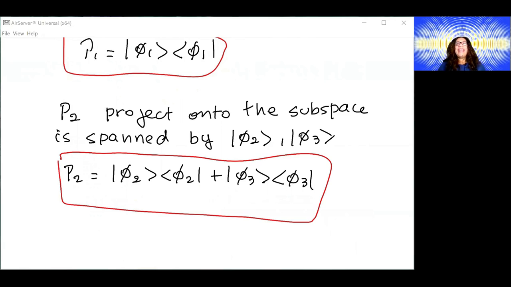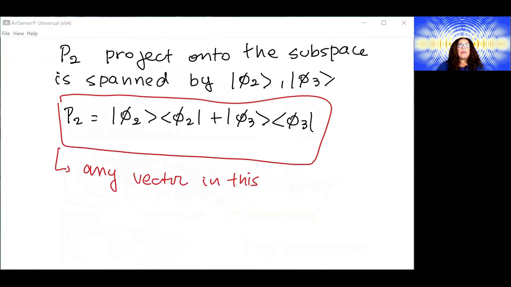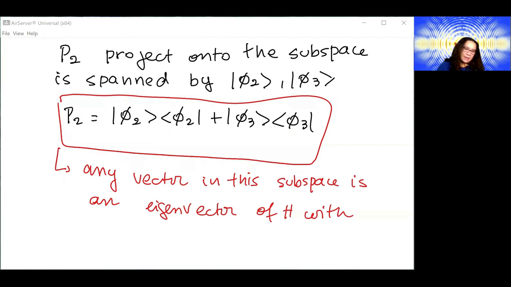So this means that any vector in this subspace, which is defined by this latter projector, is an eigenvector of H with eigenvalue lambda 2.